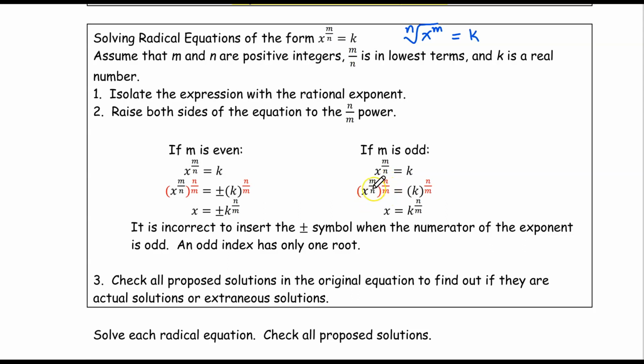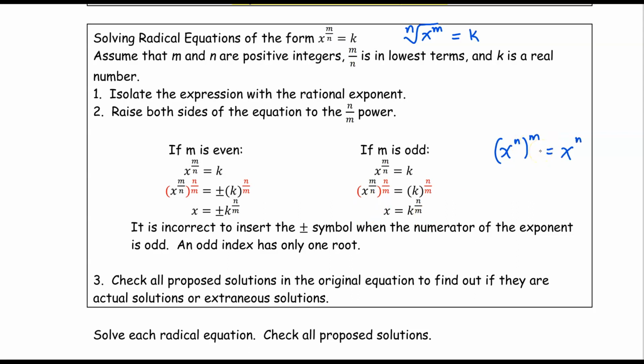So you have x to the m over n raised to n over m, and the right-hand side will be k raised to n over m. Now recall, if you have x raised to an exponent and then raised to another exponent, all you need to do is copy x and multiply the exponents.